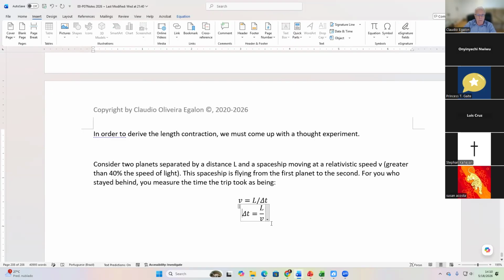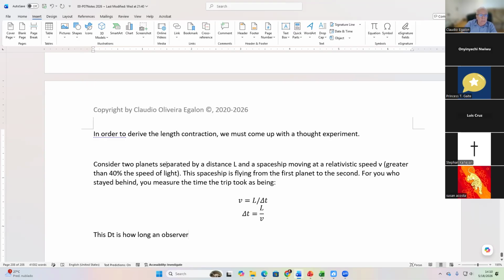Okay, so that L divided by V is going to be how much time the observer on Earth would measure for the spaceship to get to the other planet. This delta T is how long an observer.